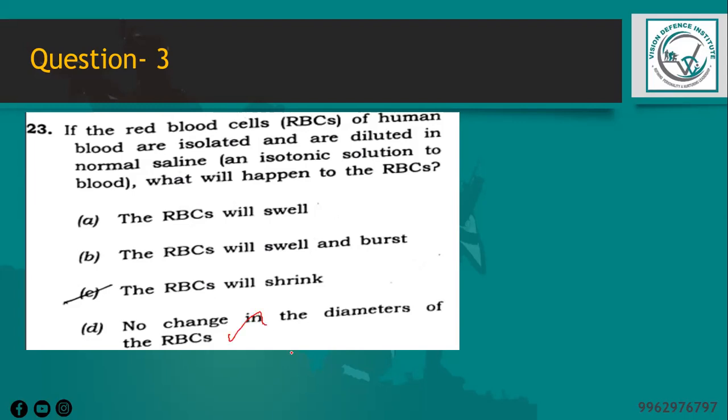Because normal saline has the same concentration of solutes, right? So there is no net movement of water molecules entering or leaving the RBC. As a result, these RBCs will maintain their shape and size as well, right?